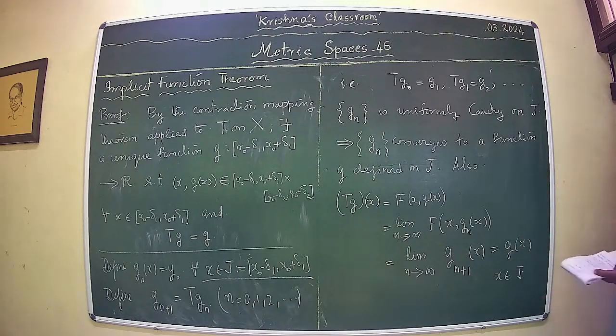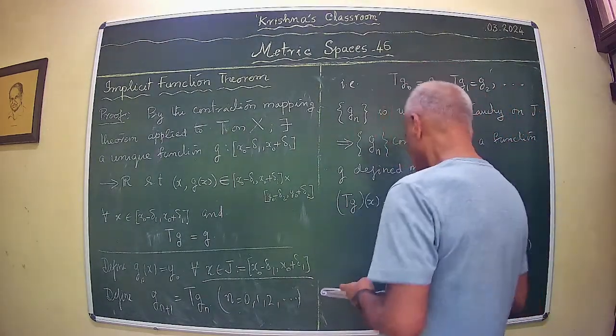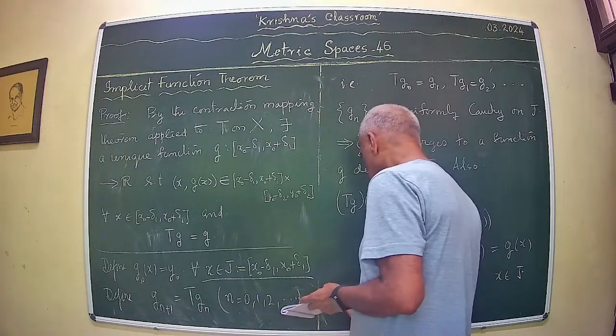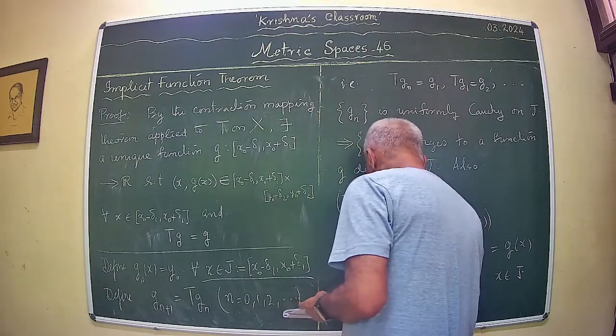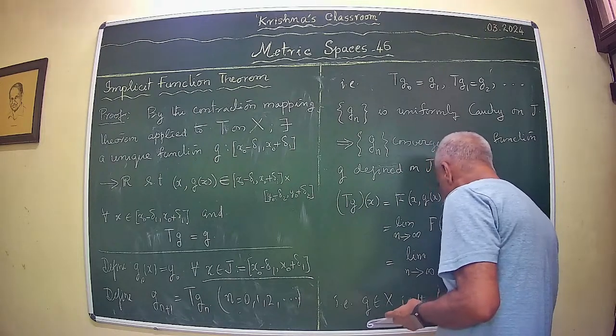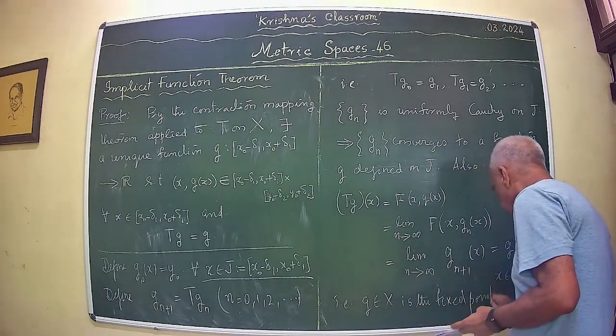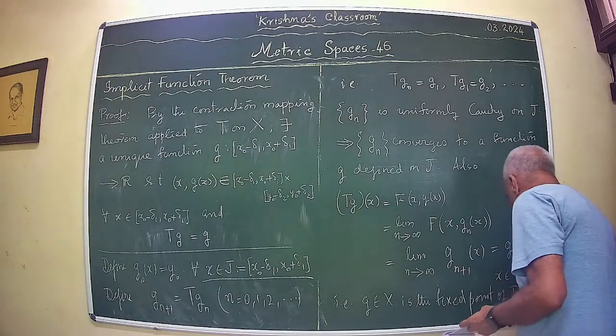That's quite easy to follow. That is, G belonging to X is the fixed point of T, and it is unique.